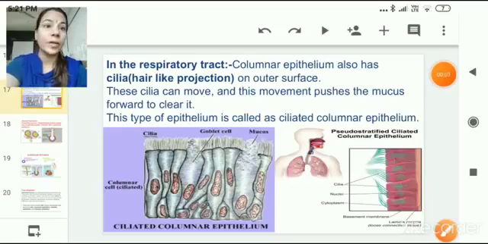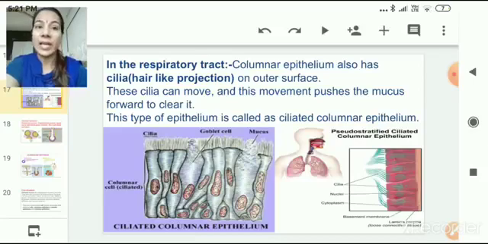In the respiratory tract, columnar epithelium also has cilia. Cilia are just hair-like projections present on the outer surface. These cilia can move and this movement pushes the mucus forward to clear the passage. This type of epithelium is called ciliated columnar epithelium.